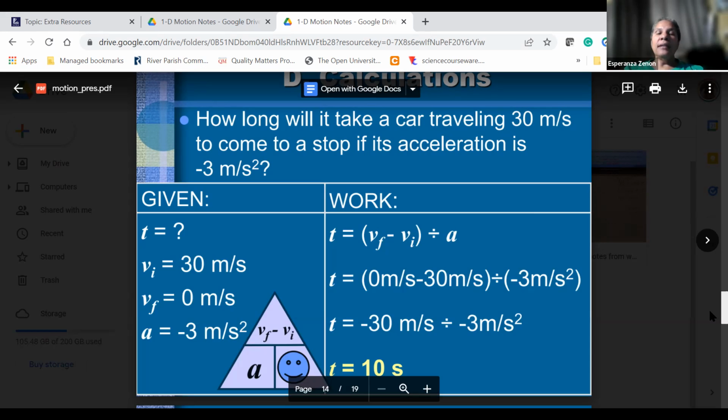Now be careful in this type of problem, because a lot of times when students solve this type of problem, they're tempted to put the bigger number in front and do 30 minus 0. But that's not going to work here, because the car did not end up going 30. It ended up going 0.